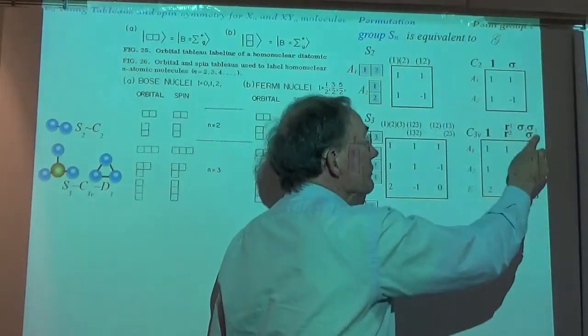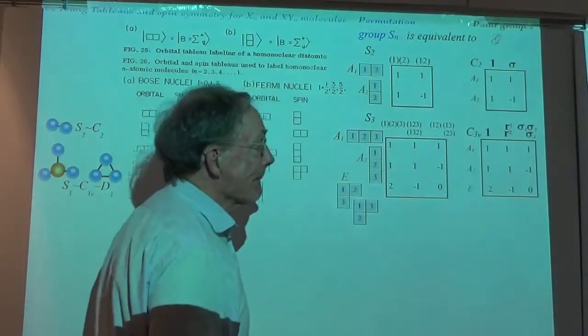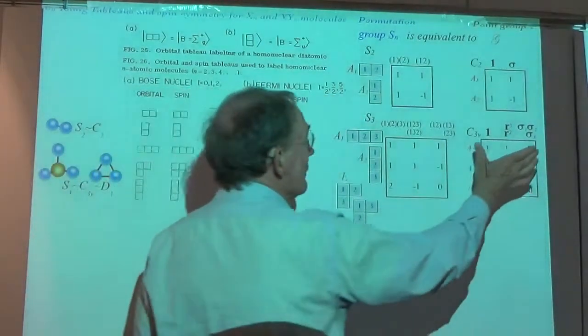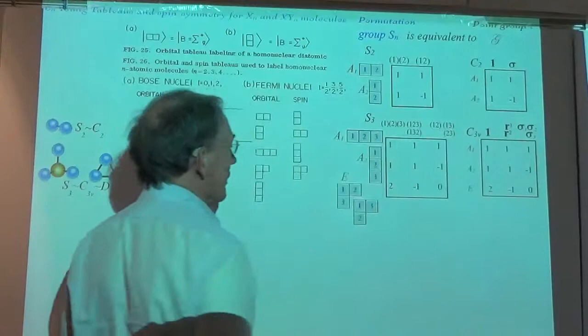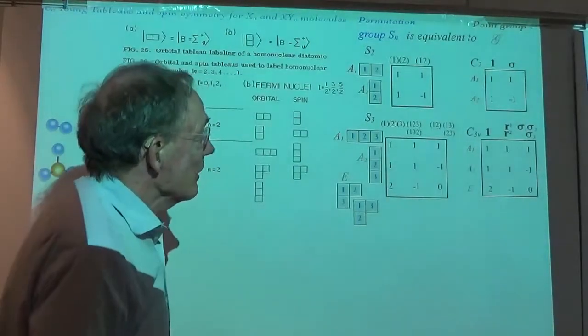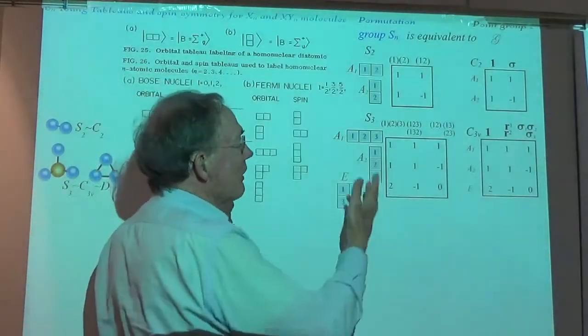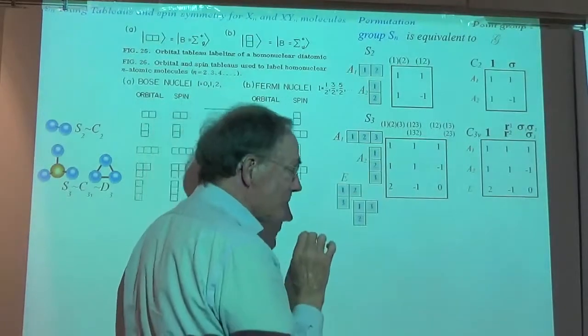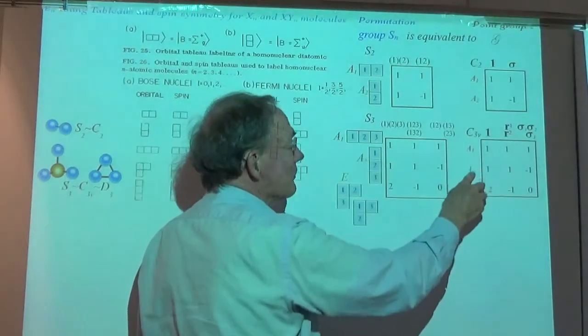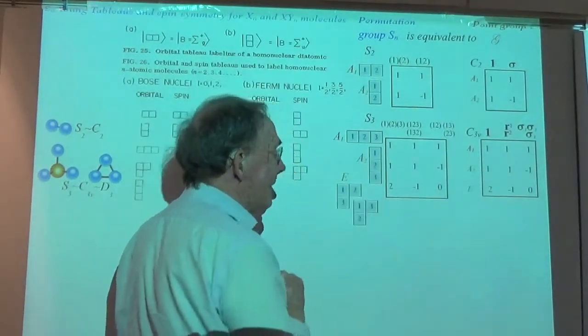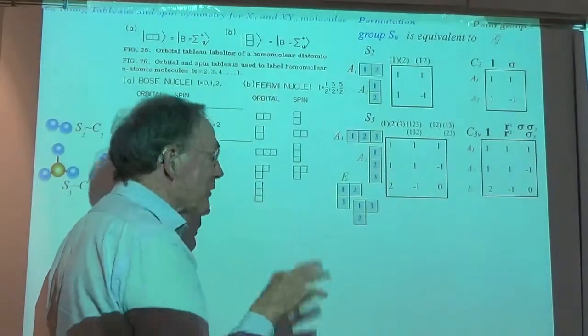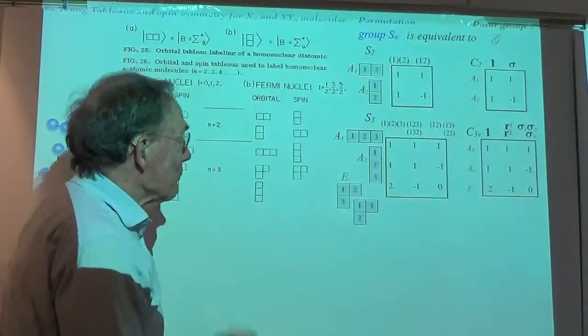There's sigma 1, sigma 2, and sigma 3. Okay? So the idea is that this character table maps onto this character table. Okay. So far, all I've done is draw funny pictures that look very clumsy for these nice little A1s, A2s, and Es. Okay? But let's just go one step further and see how they work.